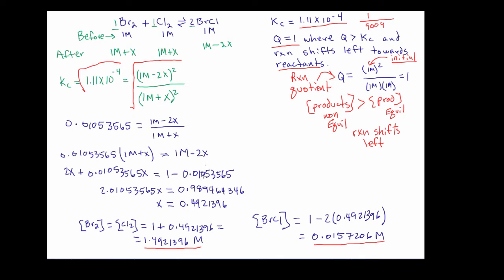Now, as a last thing, what we're going to do is make sure that we did not make any mistakes here. And to do that, I'm going to recalculate the Kc value using the numbers that we actually established.